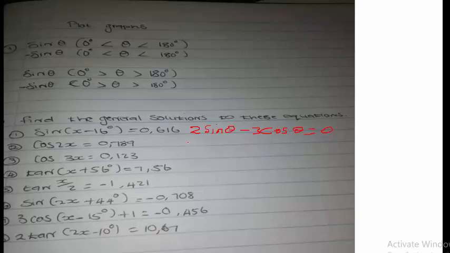For now, I will show you how you can start solving this problem. Firstly, you will transpose the negative 3 cos theta to the other side, and you will therefore have your 2 sine theta equals to 3 cos theta, right?